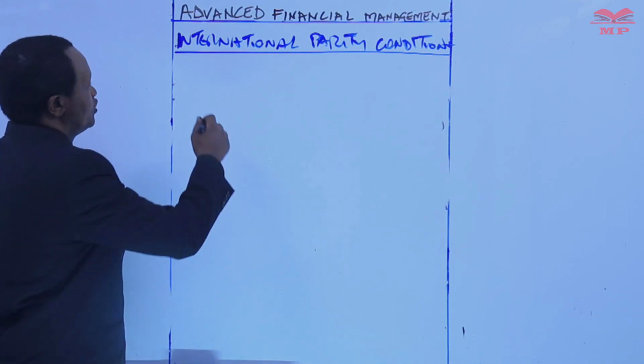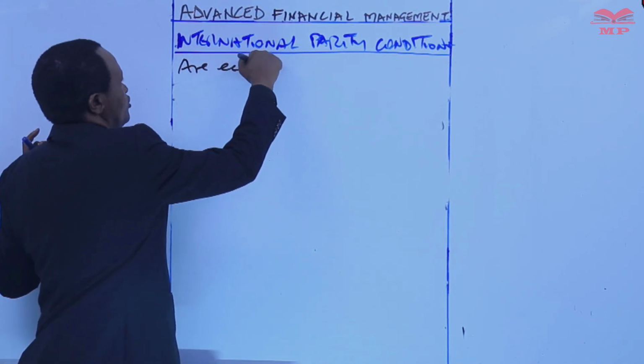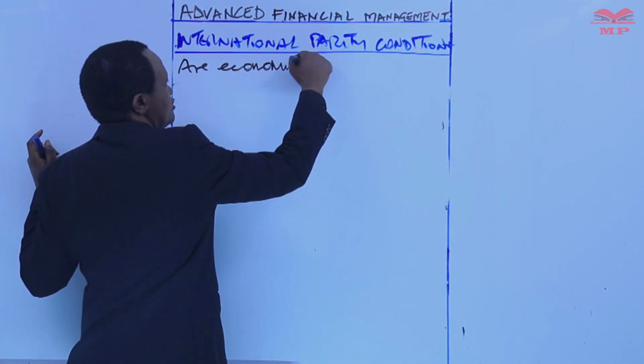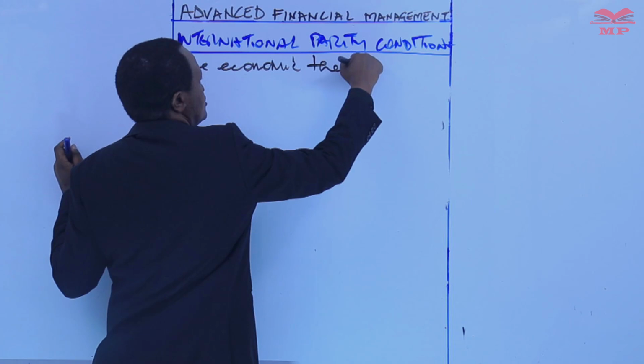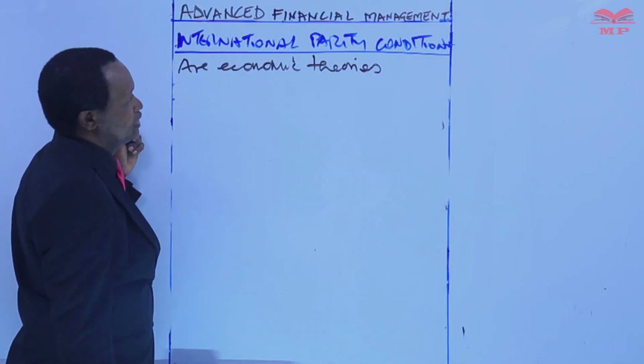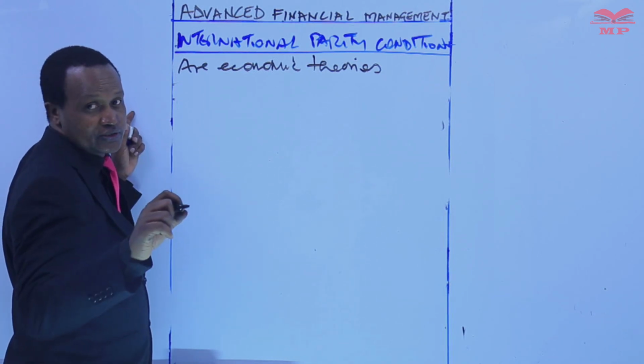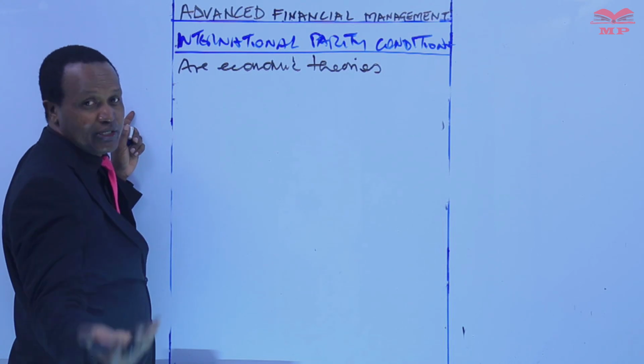So first of all, they are economic theories. International parity conditions are economic theories. And what are these theories all about?